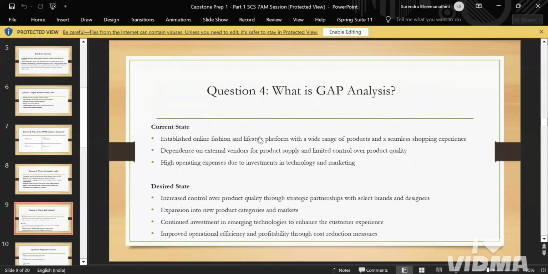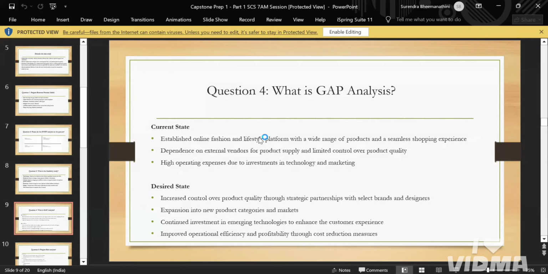Okay. And the fourth one is gap analysis. Here, the gap analysis is nothing but what the current state is and what the desired state is. You need to look into the case study. In the current state, we have a few problems, like high operating expenses due to investment in technology and marketing, and dependency on external vendors for product supply and limited control over product quality.